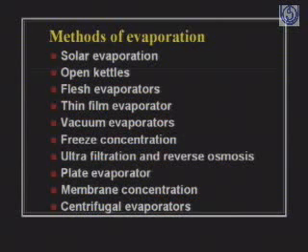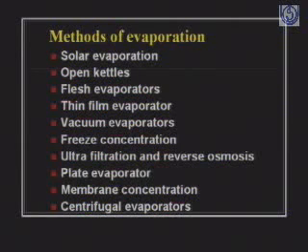Then thin film evaporators, then vacuum evaporators, which evaporate with the help of a vacuum pump. Freeze concentration, where the product is first frozen, and then by simultaneous application of vacuum it can be concentrated. Then ultrafiltration and reverse osmosis. In reverse osmosis the product becomes a liquid side and a solid side, so this is called reverse osmosis.